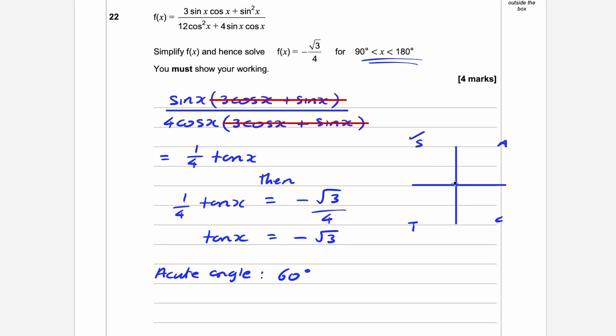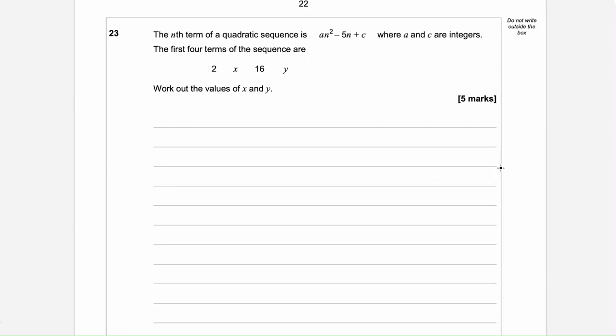So I then just go 60 degrees from 180, so it's 180 minus 60. So what's the green angle? Well, the green angle is 120. So therefore, x equals 120 degrees. Okay, that's 22.